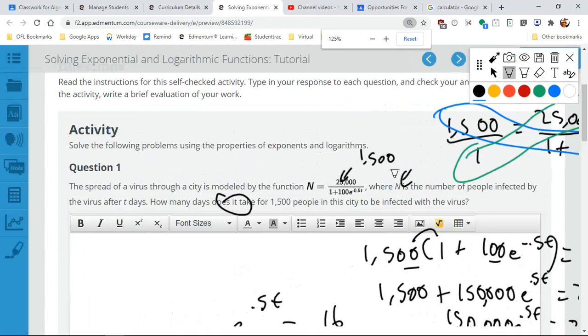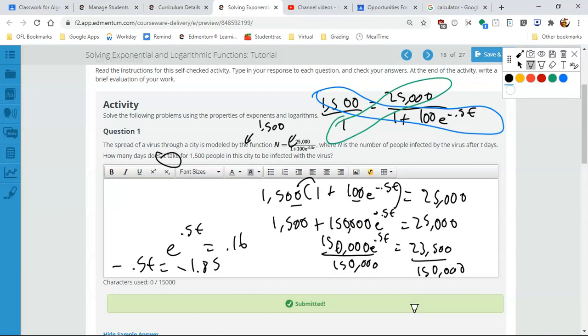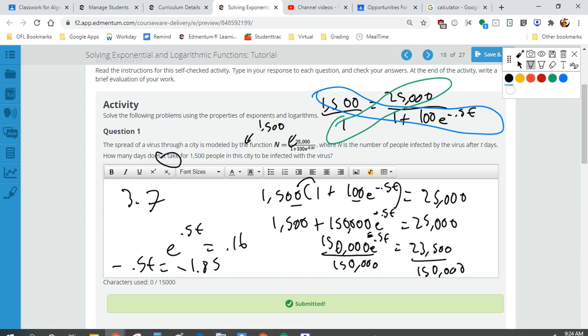If we zoom in, we can see that it was supposed to be a negative. So that's why it ended up being negative. I forgot the negative right here and the negative right here. So I totally forgot to put a negative there. So my answer was right at about 4 days. It's going to take it about 4 days.